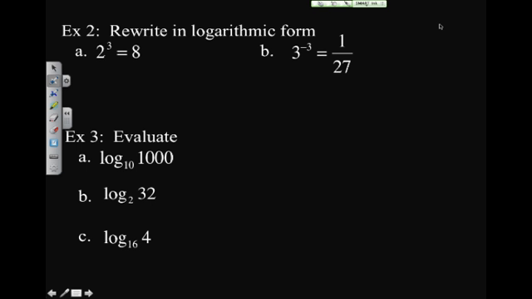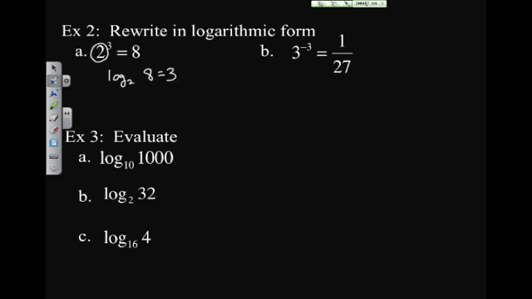So now in example 2, we're going to rewrite these from exponential form back into logarithmic form. But the process is the same. We identify the base. This one has a base of 2, so we're going to start out log base 2. Notice the 3 is by the base initially and the 8 is by itself, so now the 8 will be by the base and the 3 will be by itself.